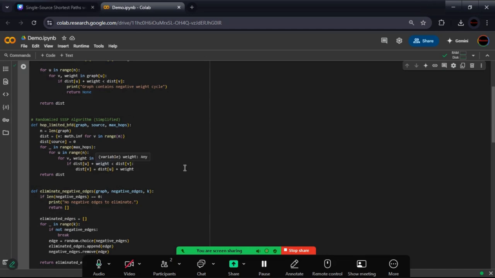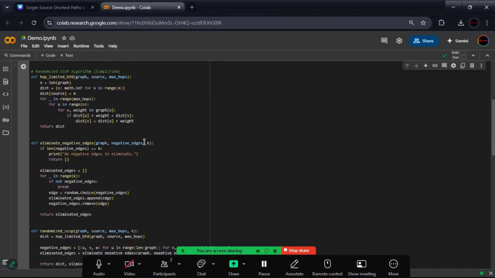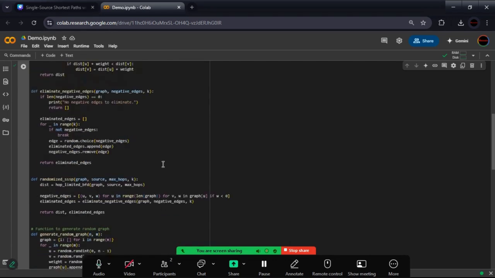Then in our algorithm, we implemented the randomized algorithm, which is a simplified version. It calculates the shortest path using the hop limited version of Bellman-Ford, where only a fixed number of edges are allowed. So, like Bellman-Ford, it limits the number of hops considered in each path. It runs for max hop iterations instead of the full n minus 1 iterations, and it returns the shortest path distances with hop limited edges.